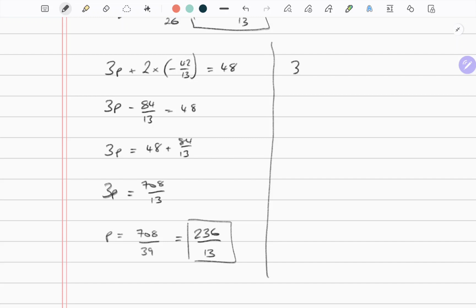We can say 3 multiplied by 236 over 13 plus 2 multiplied by that value for q that we had, that equals 48. You can use a calculator if you don't believe me. And 4 multiplied by 236 over 13, this is the second equation, minus 6 multiplied by minus 42 over 13, that gives us 92.